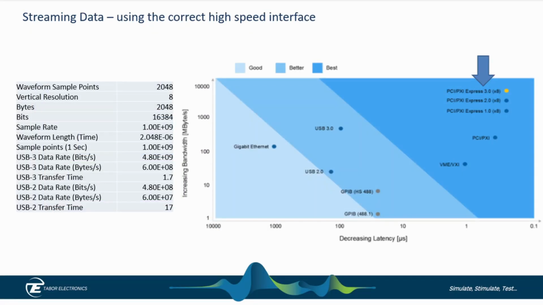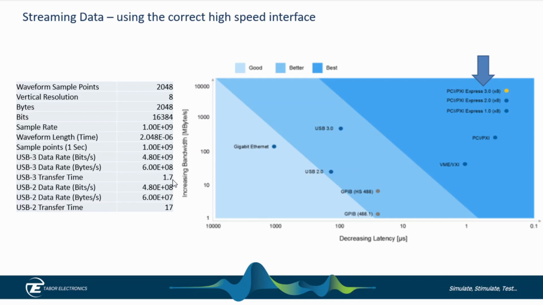So let's do a deeper dive on data transfer rates. If I have a waveform of 1 gigasample per second, so that's my sample rate, USB 3 in terms of bytes, so I'm doing 1 gigasample per second of bytes, 8 bits of vertical resolution, I'm going to, as we said on the previous slide, take 1.7 seconds to do that.